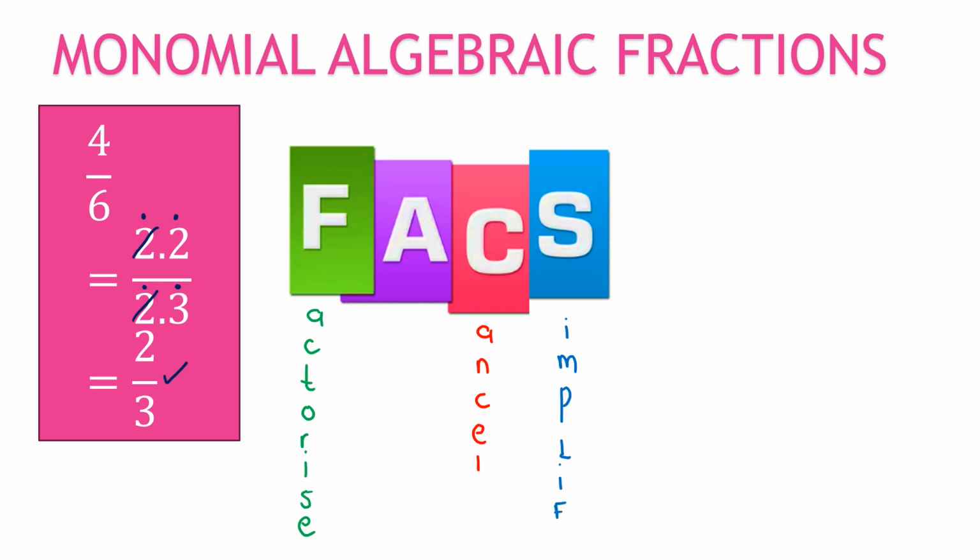Alright, so in this example, there was nothing to simplify because 2 over 3 was the final answer. But the point here is that when you have one term, you factorize, you cancel, and then you simplify.